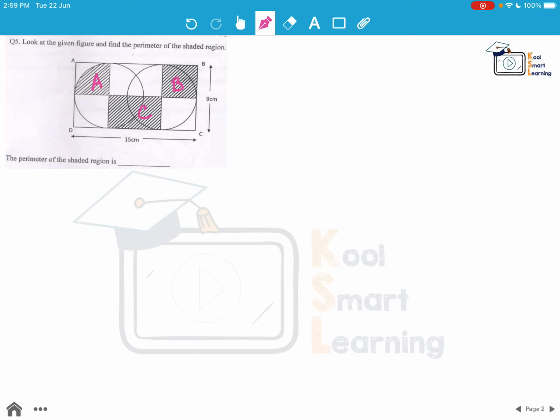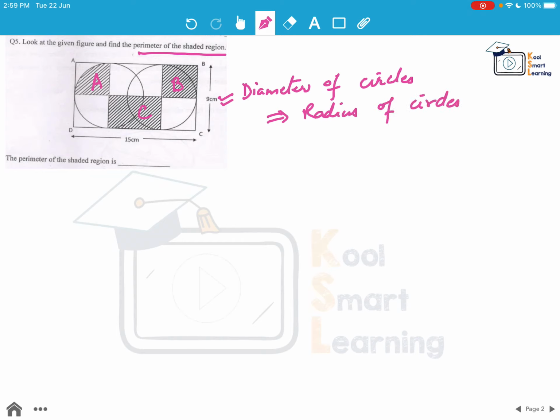We can simply say that the perimeter of the shaded region is nothing but the perimeter of region A plus the perimeter of region B plus the perimeter of region C. Now first of all, this dimension of this bigger rectangle, this width, is 9 centimeter, which is nothing but the diameter of the circles. So this implies the radius of the circles is 4.5 centimeter.